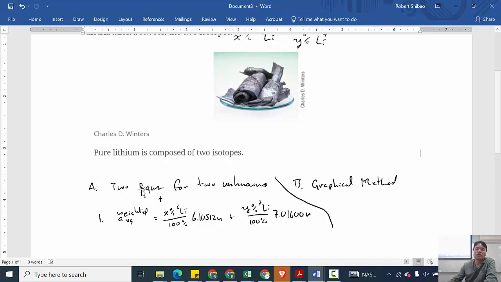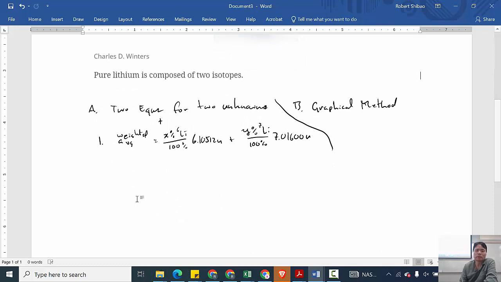All right, that's equation one. What's equation two? So we're going to have to come up with another equation for this. And equation two is that all the isotopes have to add up to 100%. And so if there are only two isotopes, then those two isotopes need to add up to 100%. So if I take x% plus y%, that's going to give me 100%.